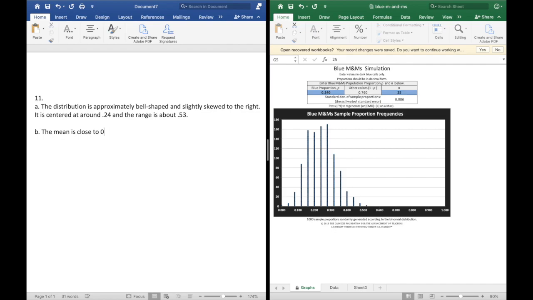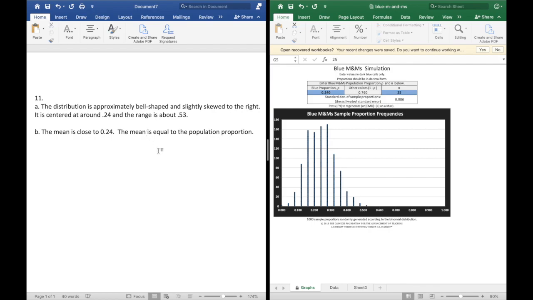And how does it compare to our population proportion? Well, look, we've got 0.24 up here as our population proportion. So I will say the mean is equal to the population proportion.